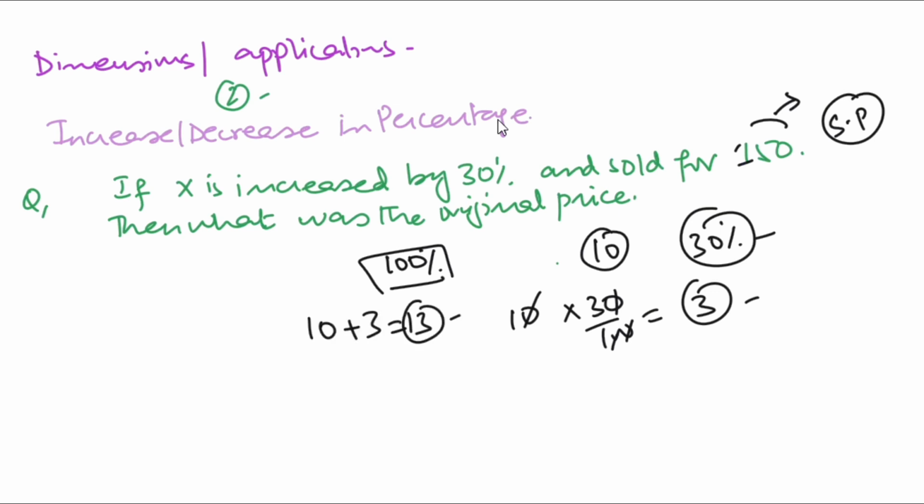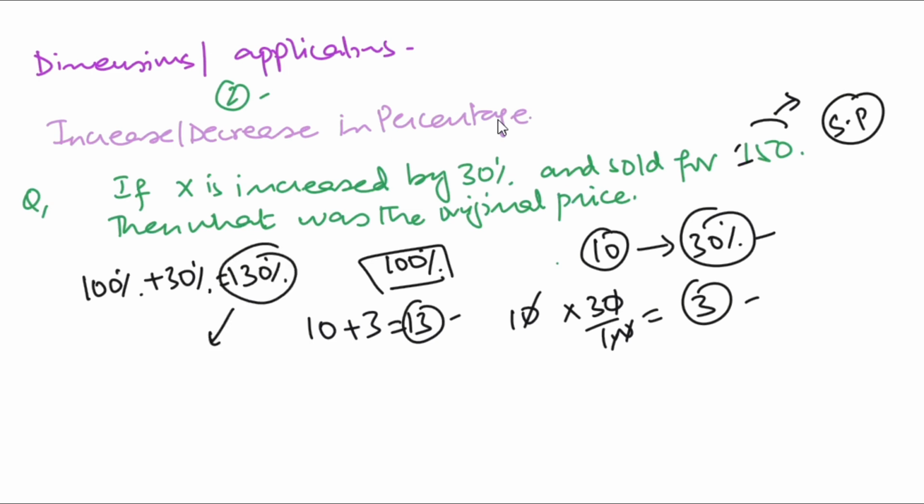13 rupees. Similarly over here, if a number is increased by some percentage, what I have done is simply add 30% to the initial 100%, and I have got 130%.